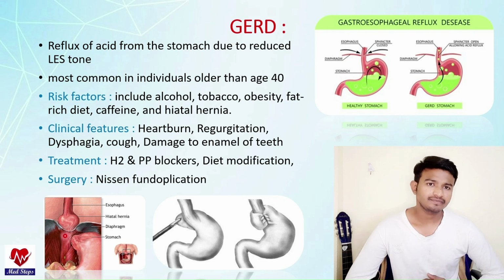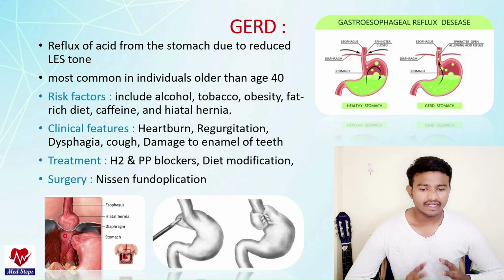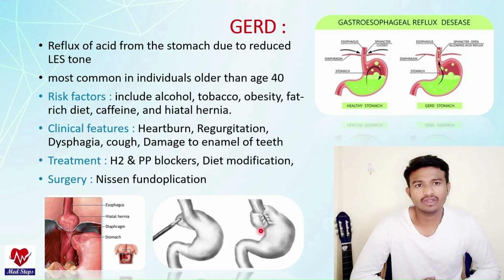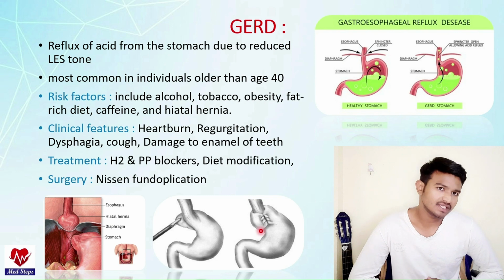Omeprazole, pantoprazole, rabeprazole, lansoprazole. For surgery we can refer Nissen fundoplication. If you see this picture, the fundus part of the stomach is stretched and folded like this, and the doctor stitches it here. This type of surgery we call Nissen fundoplication.